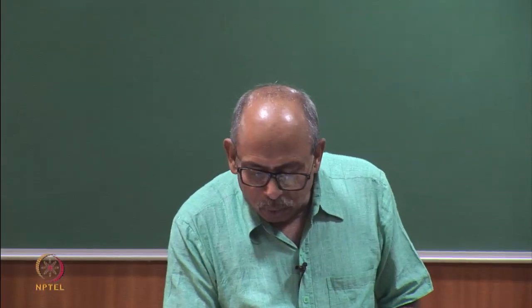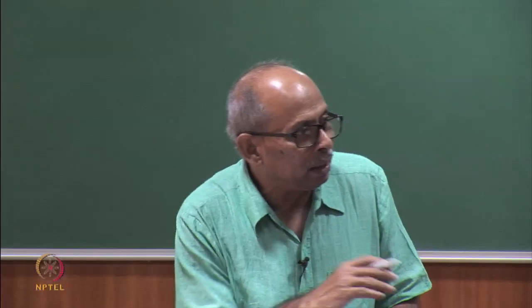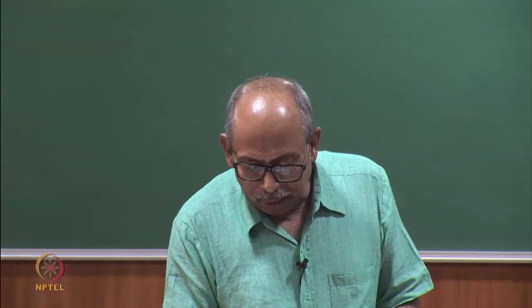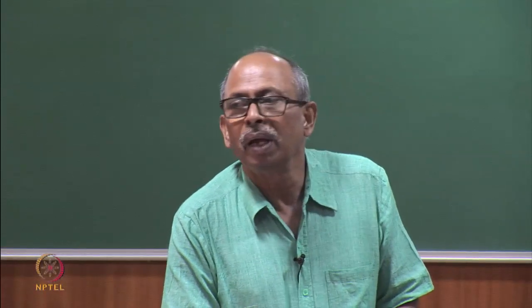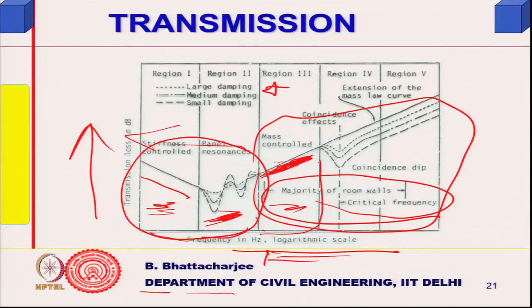Then in this zone we can assume that 2 rho c over m omega is sufficiently large compared to 1, the assumption that we made, and we get transmission loss proportional to 20 log m: as the mass increases, transmission loss increases, but the slope is somewhat different, we will see.